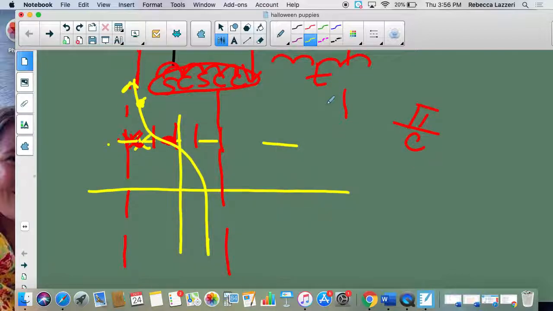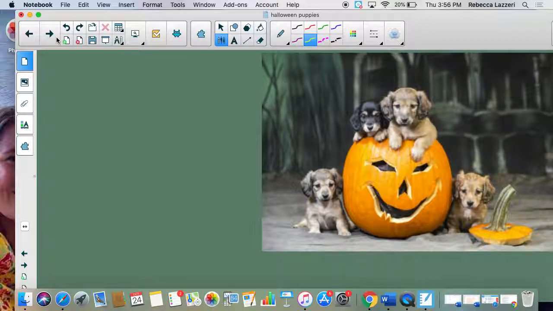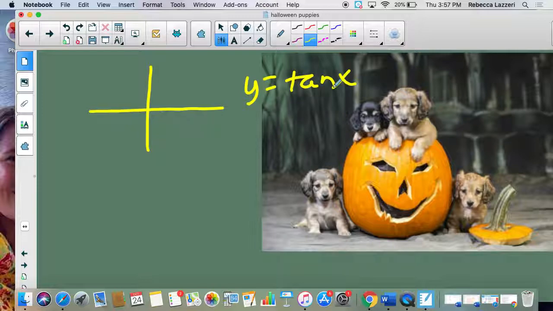So a regular tangent graph looks like this. If it's just y equals tan x, it's 0 right here. Then you would go 1, 2, asymptote, back to asymptote, and it looks like that.